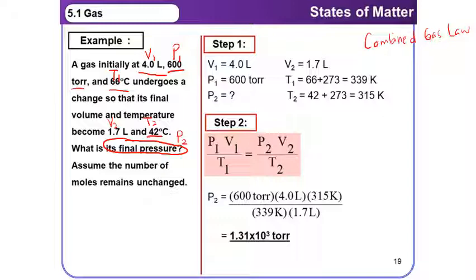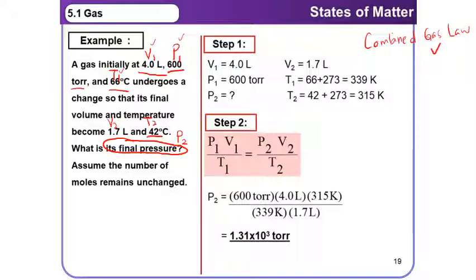If we look here, some of the parameters appear 2 times. Basically, we are going to use either Boyle's law, Charles' law, or the combined gas law. But in this question, because the 3 parameters, volume, pressure, and temperature, are given, we are going to use the combined gas law.